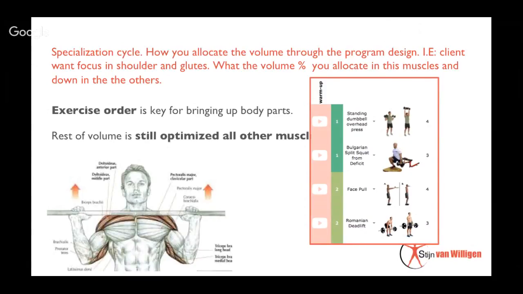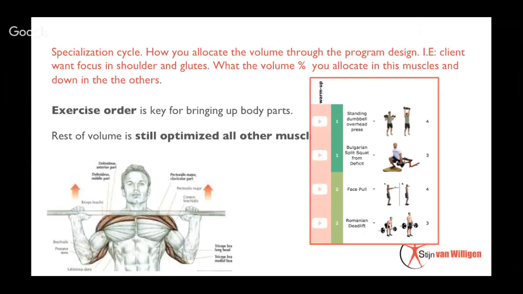That comes down to testing the rep maximum for example for the Romanian deadlift to see how advanced the hamstrings and the posterior chain is, for the hip thrust to see how advanced the glutes are, etc., and maybe the overhead press to see how advanced the shoulders are. And based on that, I would have a weekly volume for these muscles.